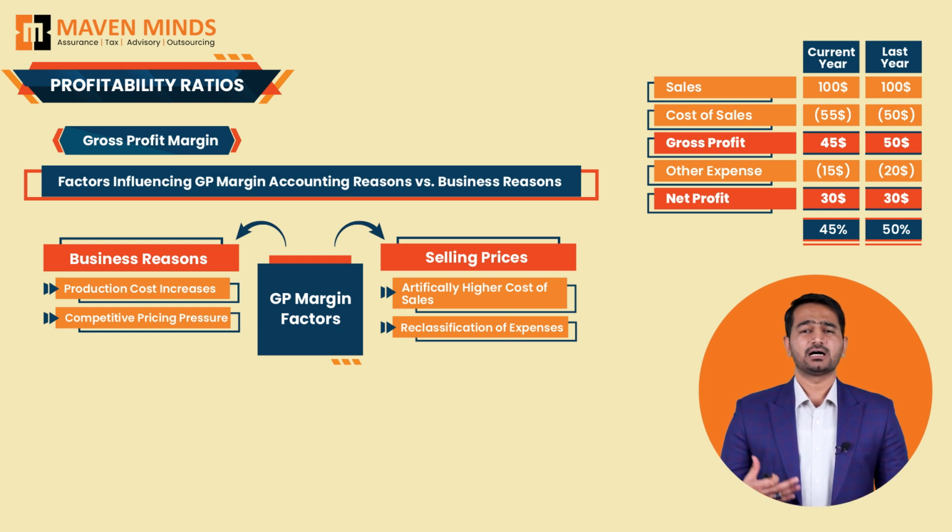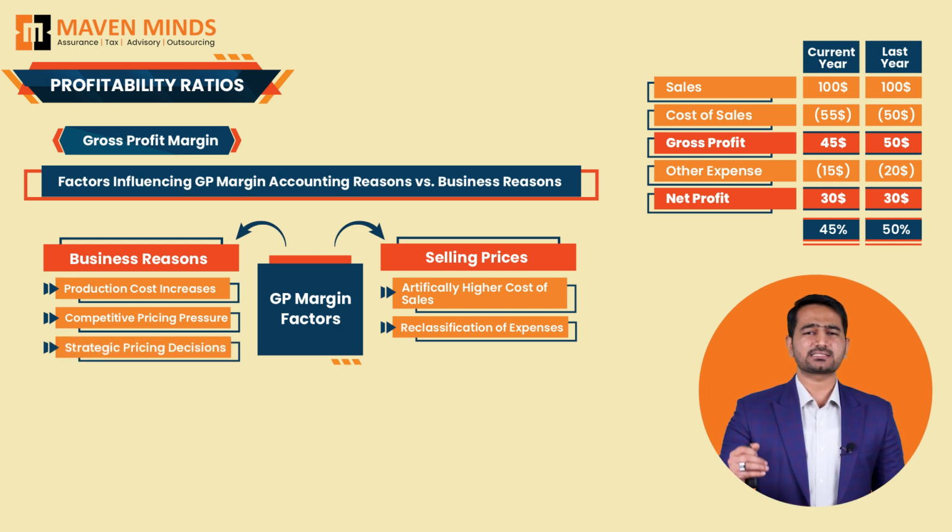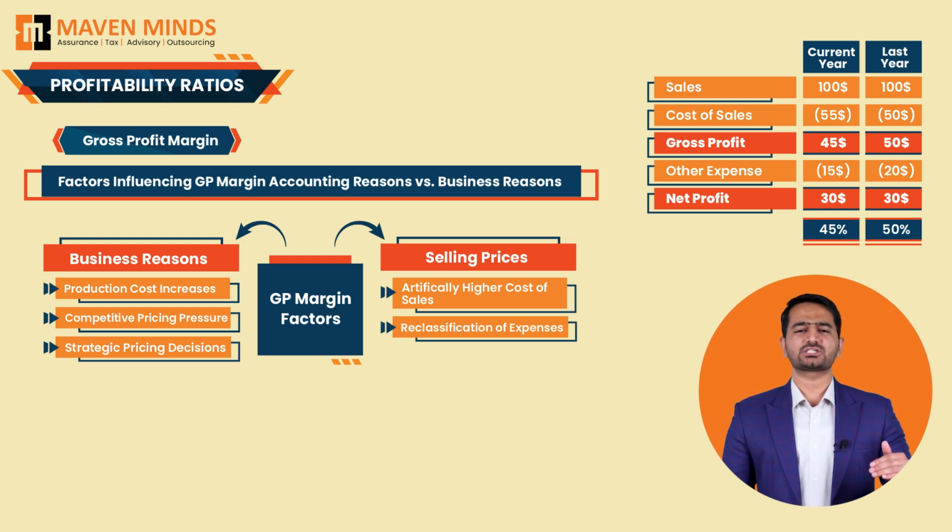My friends, a low GP margin might not always signify a problem. It could be a part of a deliberate strategy. For example, if your company adopts a market penetration strategy, selling products at a lower price to attract more customers, the GP margin may be lower in the short term.